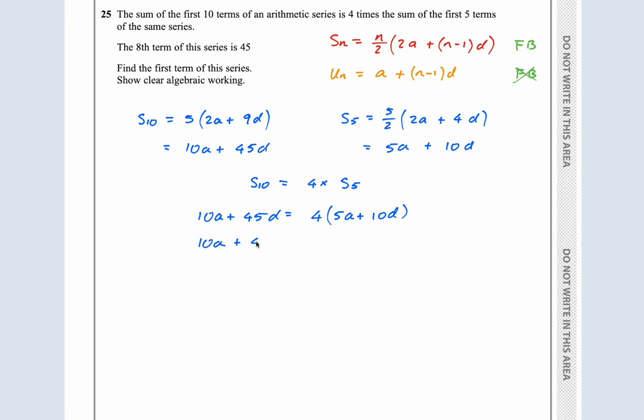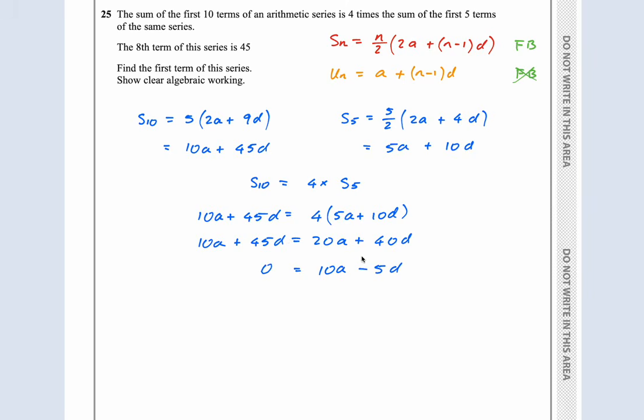Multiply out: 20a plus 40d. Okay, and I'll just subtract them over here, guys. I get 10a minus 5d equals 0.